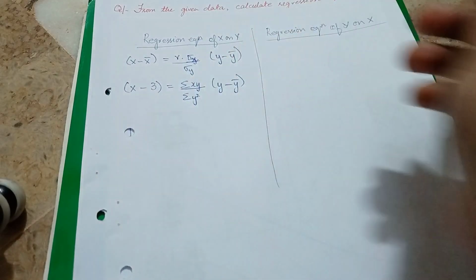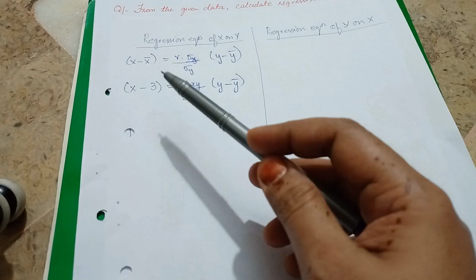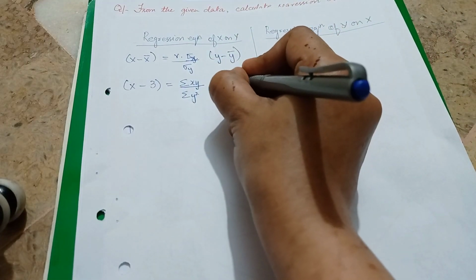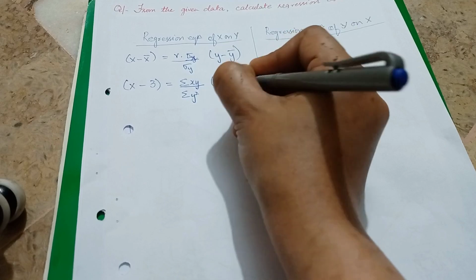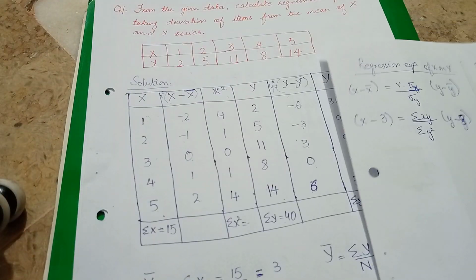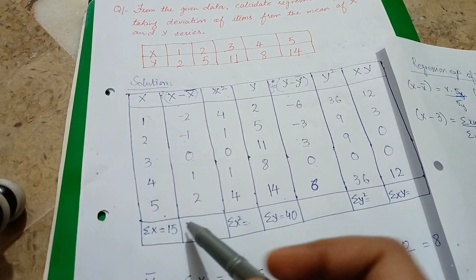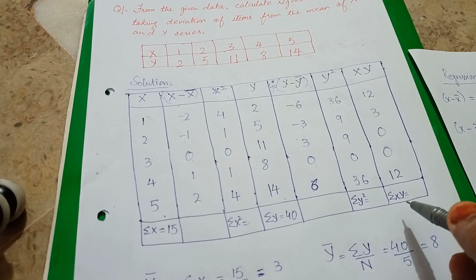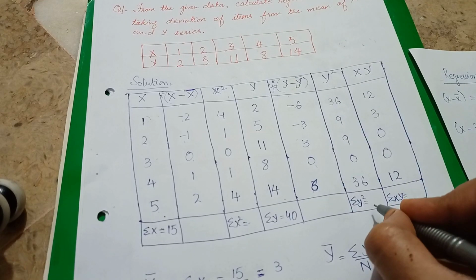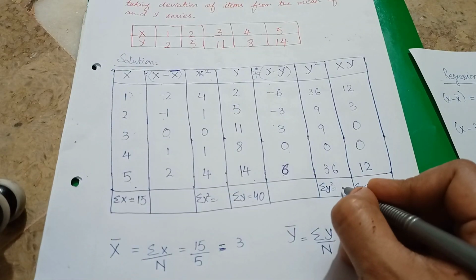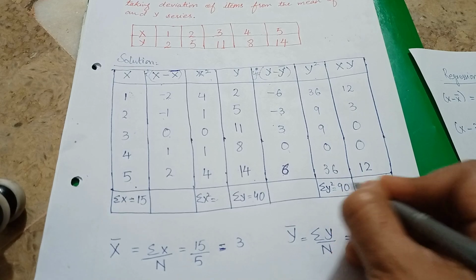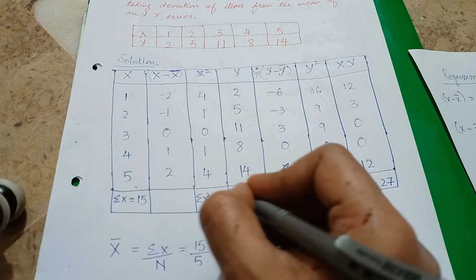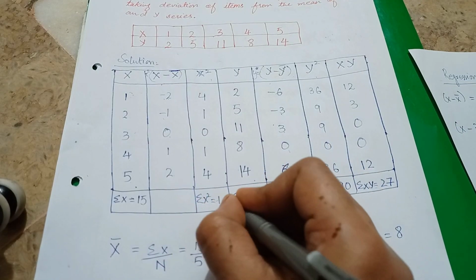Likewise, we write here y minus y bar, that is 8, or you can write it in the next step. Here we have found these values: summation y square will be 90, summation xy will be 27, and summation x square will be 10.